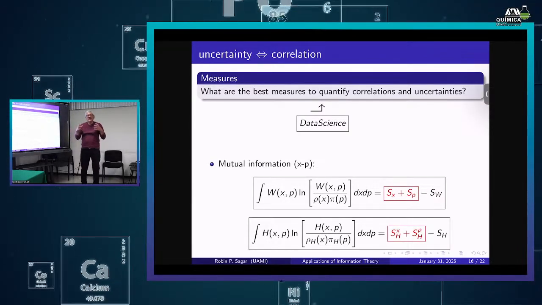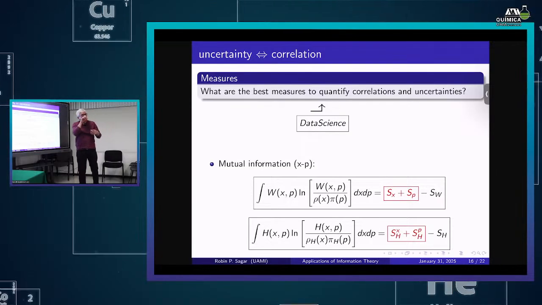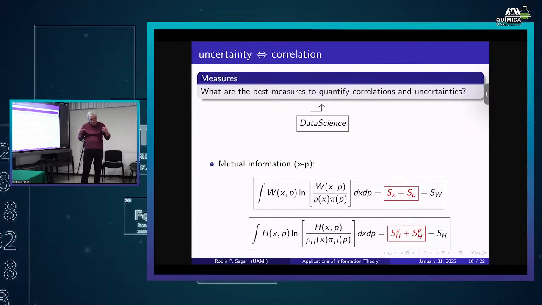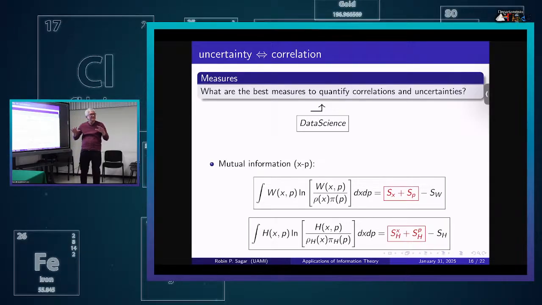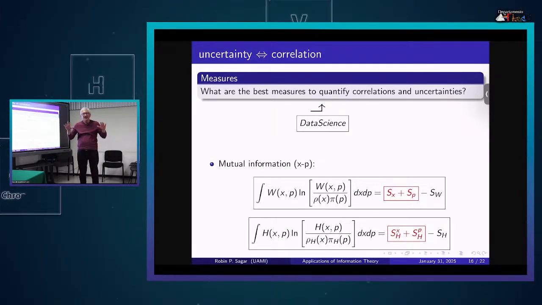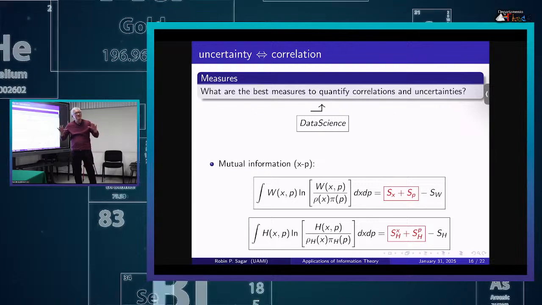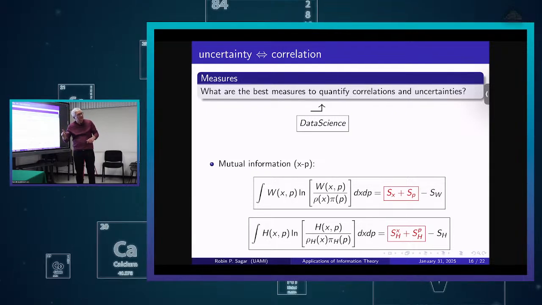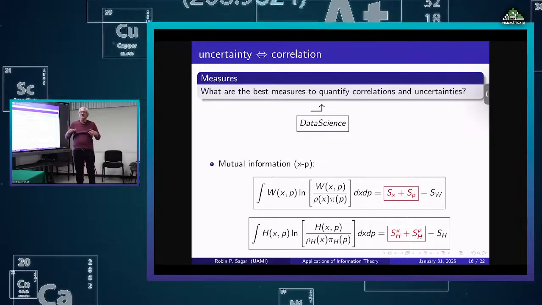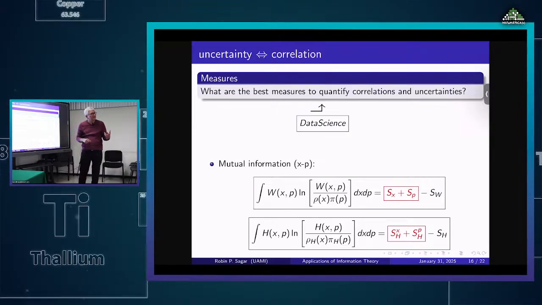Now, at this point we're interested in quantum systems and their behavior, but it's nice to take a step back. We're interested in uncertainties and correlations, so what other communities have we heard this in?